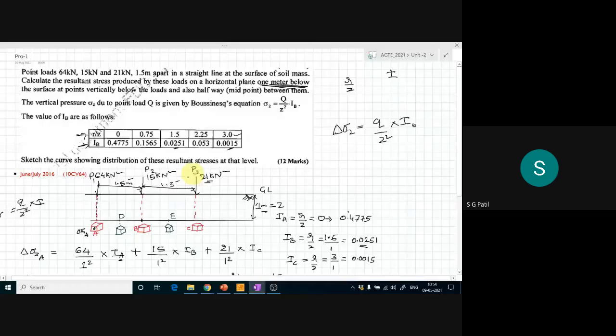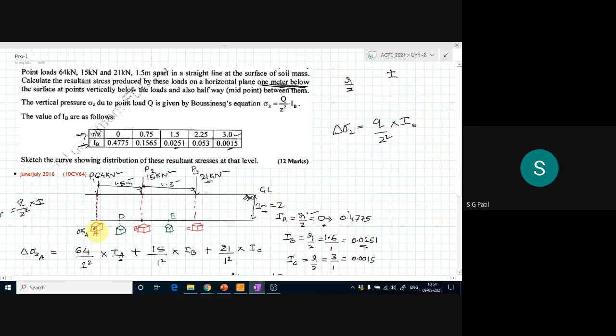Now let me first calculate delta sigma Z at point A. How can I calculate it here? For this one, r by z is equal to 0, because I am calculating exactly below the load.